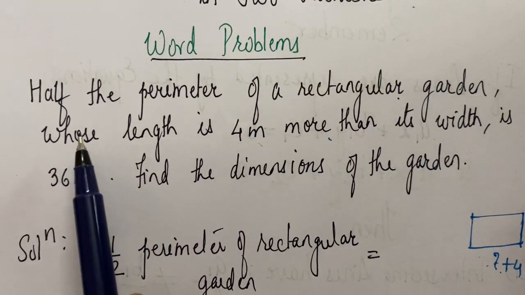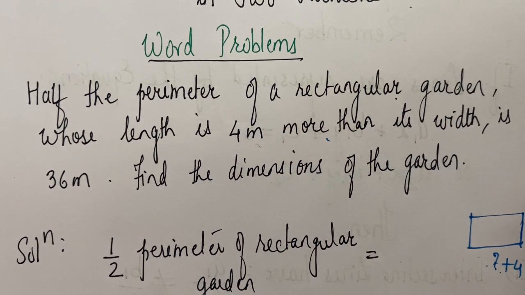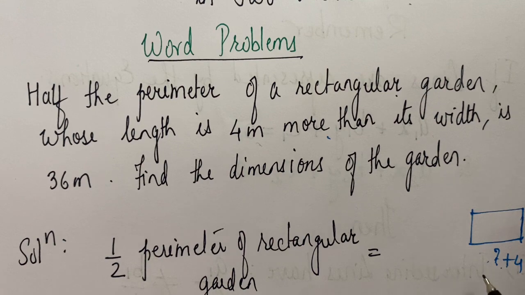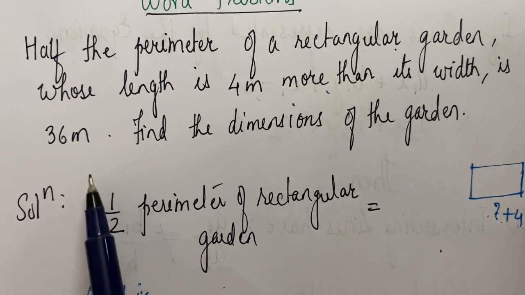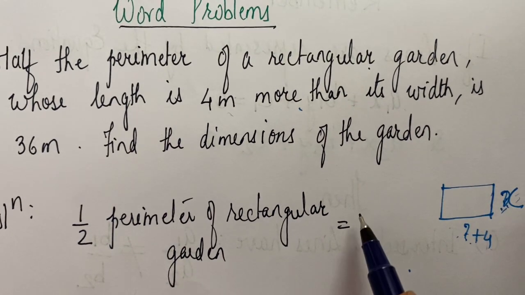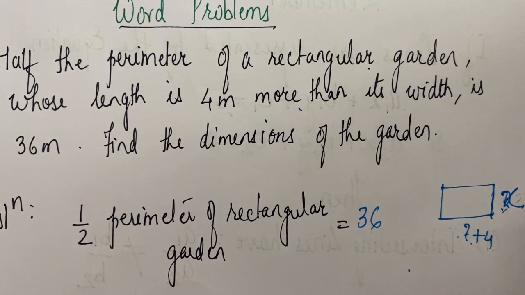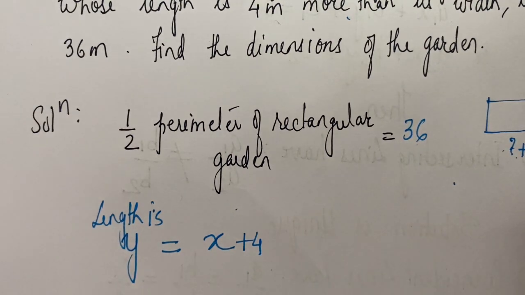See, half the perimeter of a rectangular garden whose length is 4 more than its width is 36 meter. Half the perimeter is how much? It is 36 meter. So we got the two equations now. Let us write them in proper manner. This is just a rough work that I showed you.